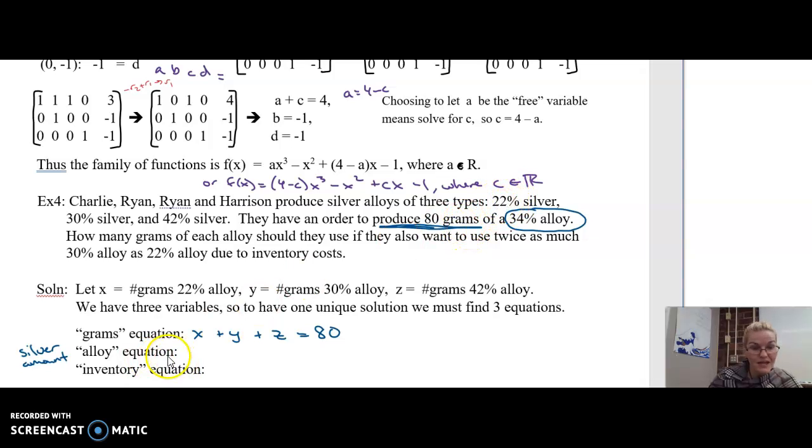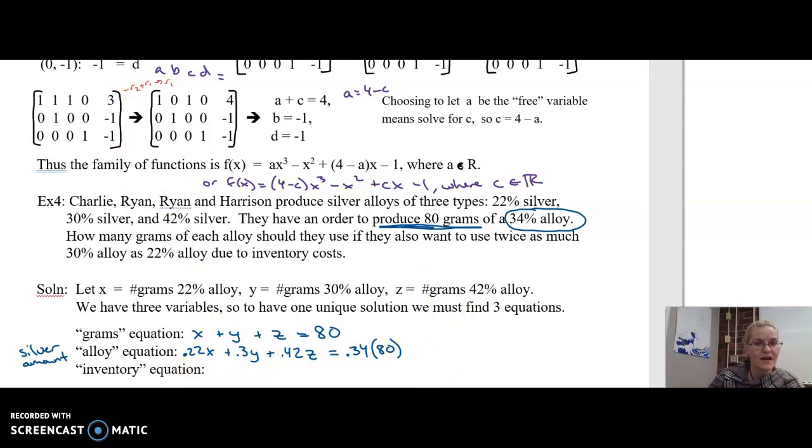We're going to multiply 0.22, because that's 22% of X grams is pure silver, plus Y, 30%, so 0.3Y, plus 42%, 0.42Z should equal 0.34, 34% of the 80 grams that we need. So that's your alloy equation, or the actual amount of silver, right? So it's your percentages times all your grams.